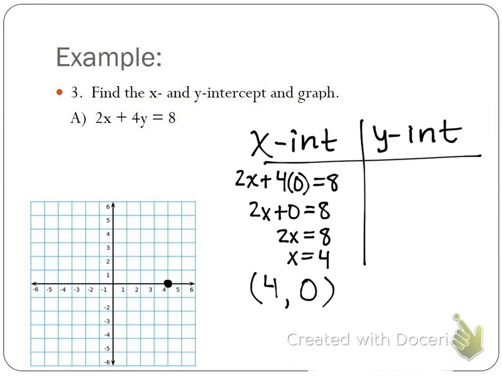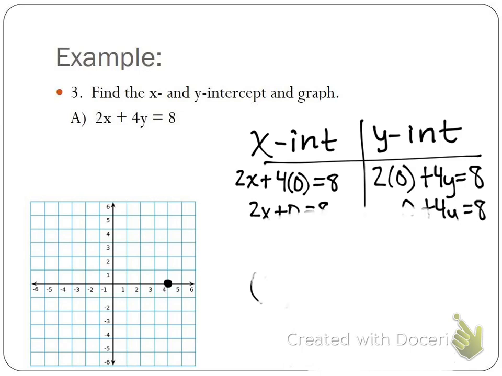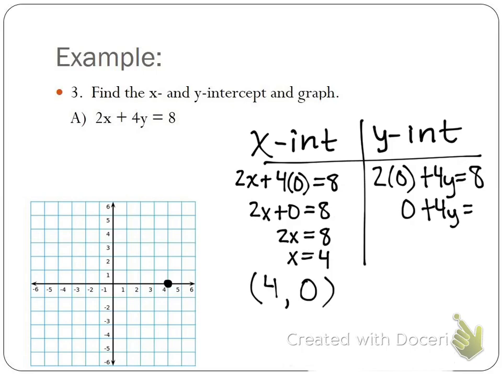For the y-intercept, I'm plugging 0 in for x because I want to solve for y. 2 times 0, 0 plus 4y. What's 0 plus 4y? 4y.